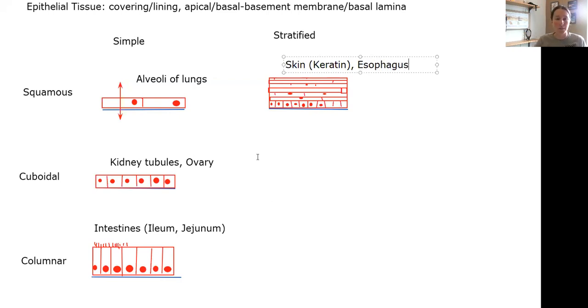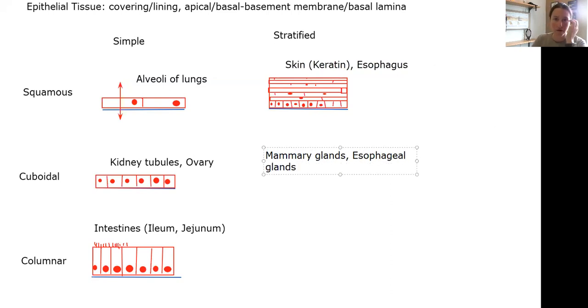Okay, next, stratified cuboidal tissue is super rare. It is found lining the mammary glands, and what you will look at is some of the esophageal glands.